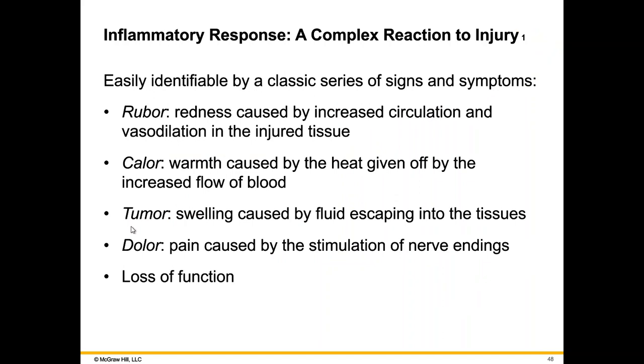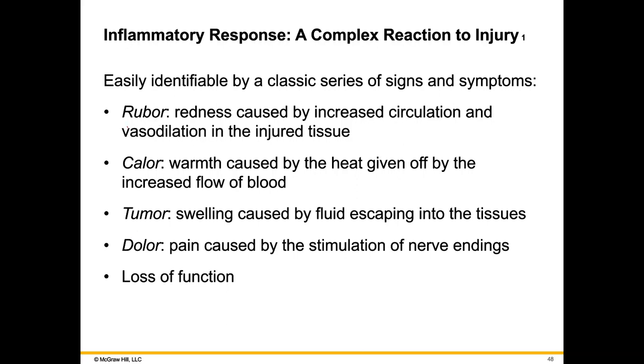All right. So our next description we are going to discuss is how we identify an inflammatory response. There are a couple of classical signs and symptoms that are required for us to identify inflammation. The first one is rubor.